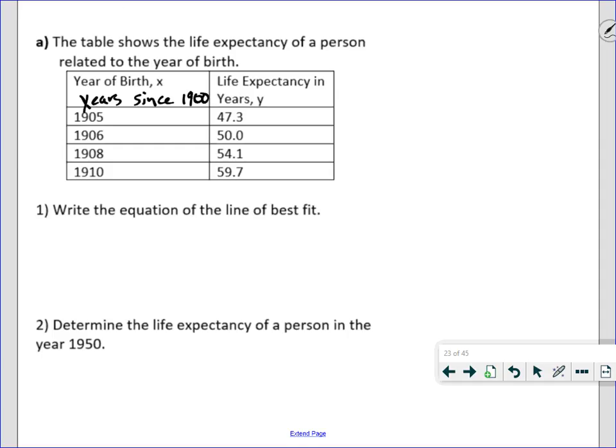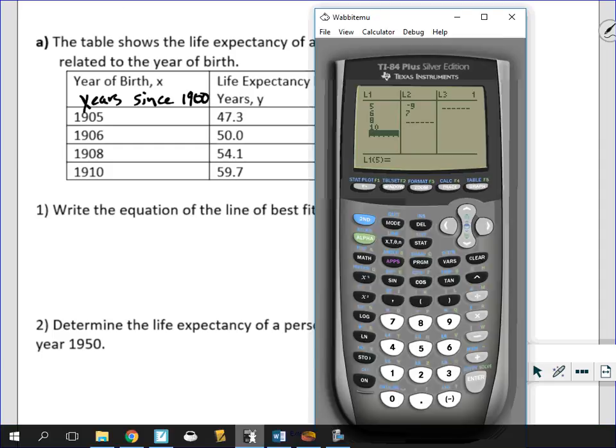And really, you should do this whenever you do something that contains years. And so then my other values I can enter just in: 47.3, 50, 54.1, and 59.7.